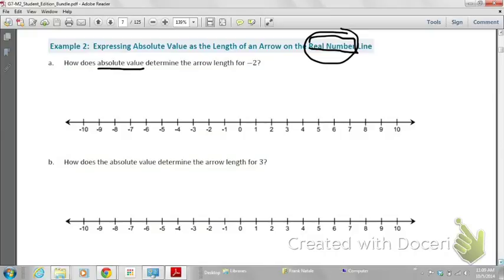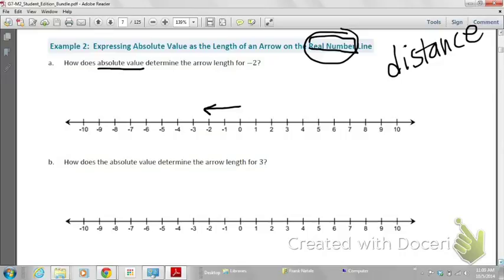Now, negative 2, again, we start at 0 and head down to negative 2. Now, how does absolute value determine that? Absolute value, as we know, hopefully, deals with distance, and in this case, distance from 0.